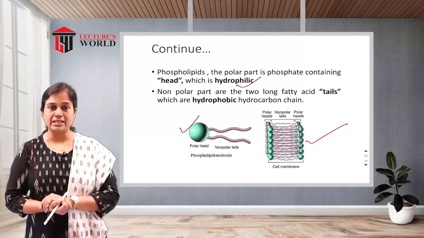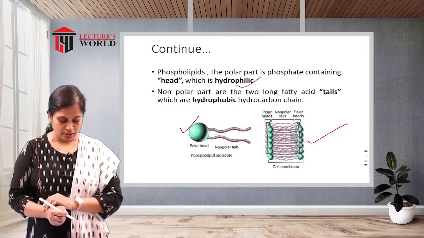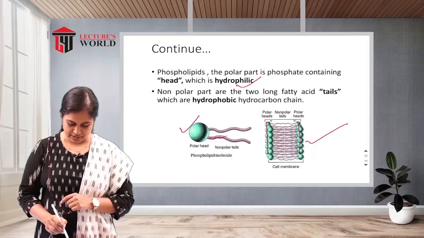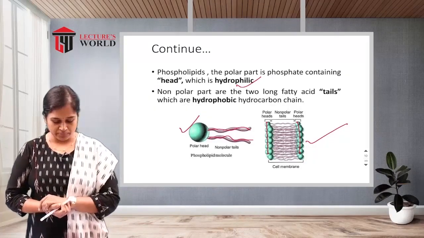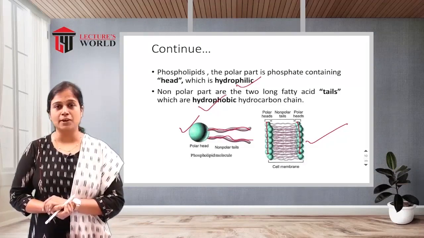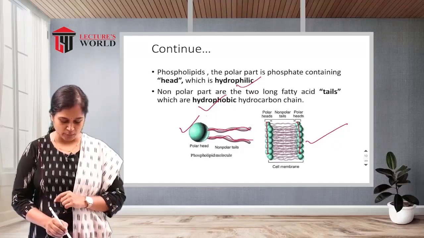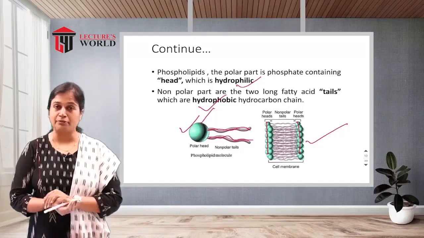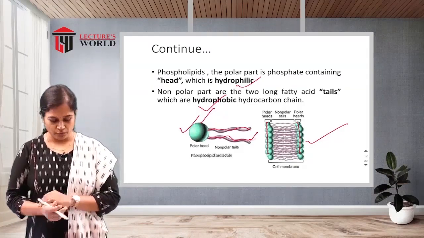Hydrophilic means water favorable, which allows water molecules. And the non-polar part is the tail, which is hydrophobic, that means it is not water favorable. So this lipid bilayer has a polar head which is hydrophilic and a non-polar tail which is hydrophobic.